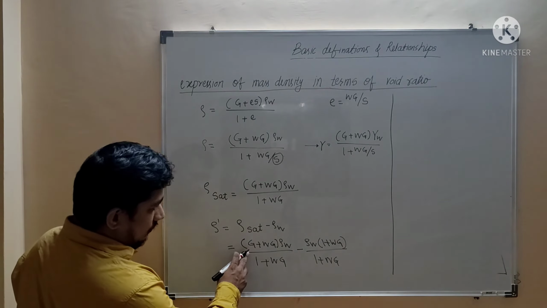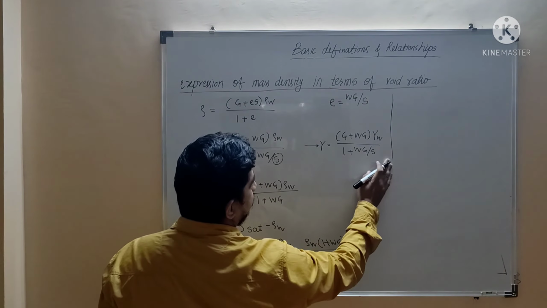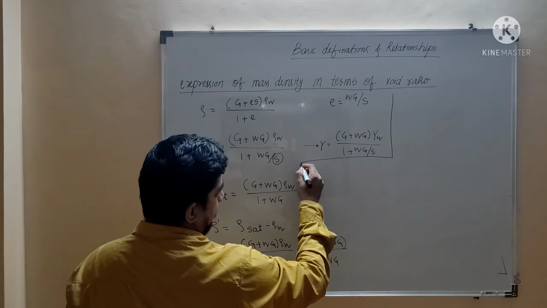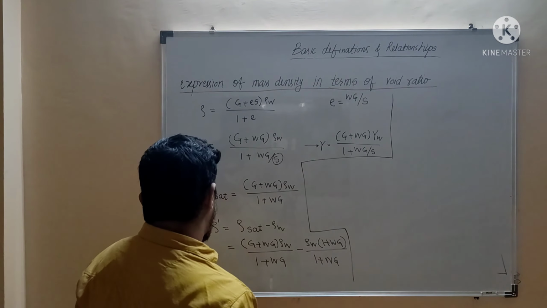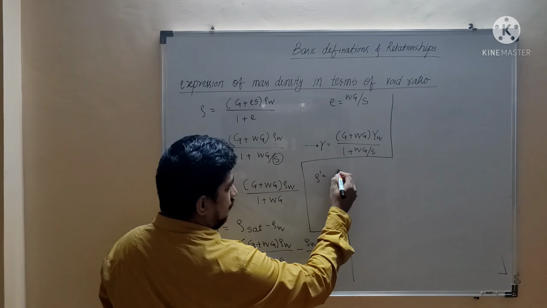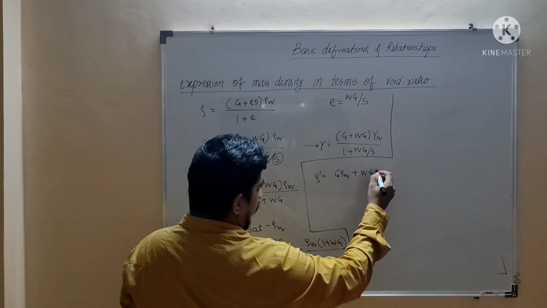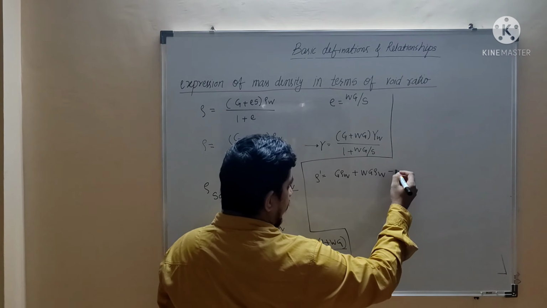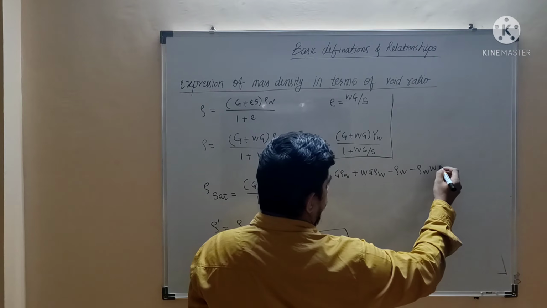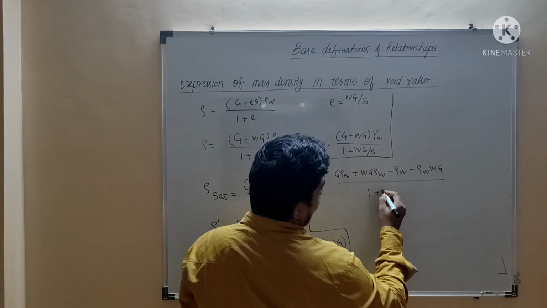So we will simplify it again. So rho dash is equal to G multiplied by rho W plus Wg into rho W minus rho W minus rho W Wg divided by 1 plus Wg.